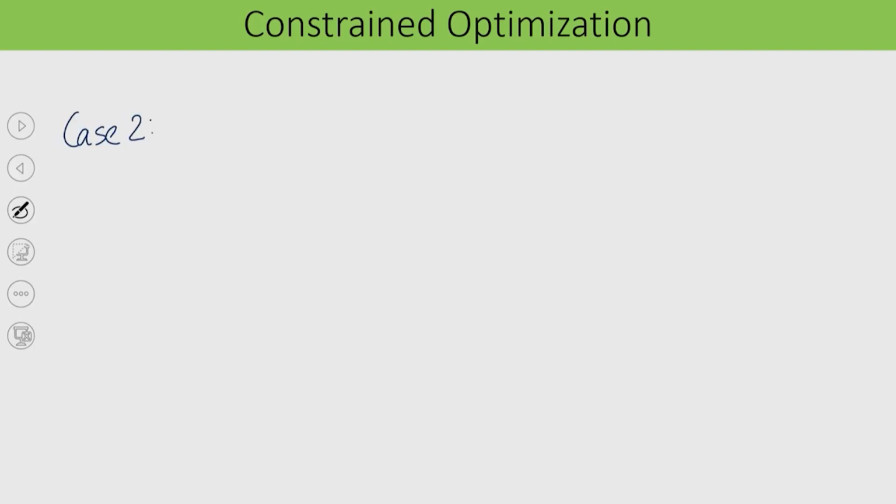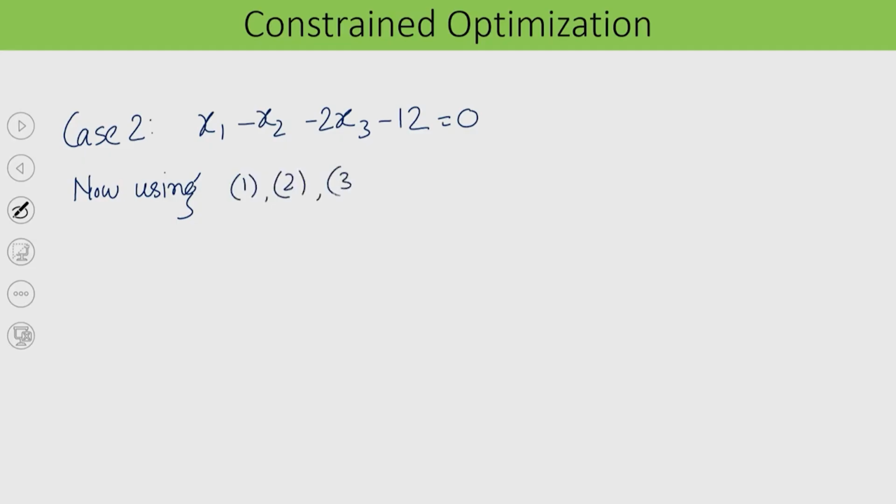Case 2 is that x 1 minus x 2 minus twice x 3 minus 12 is equal to 0. Now, using equation 1, 2 and 3.